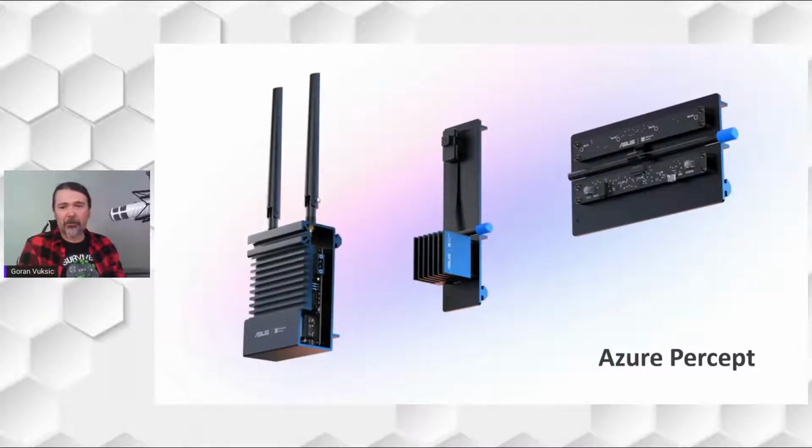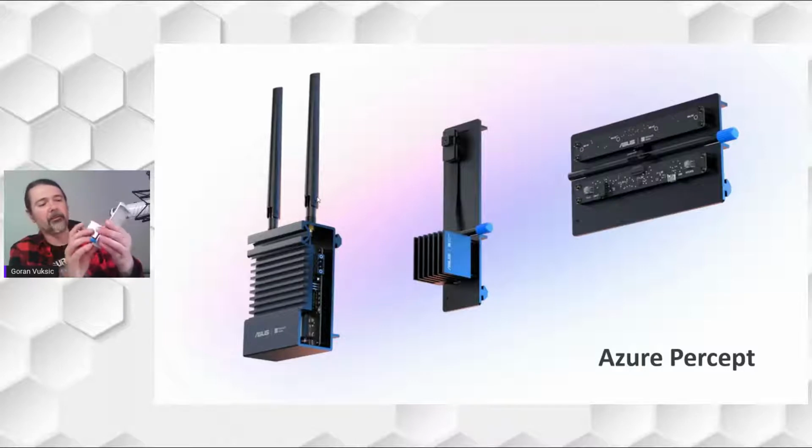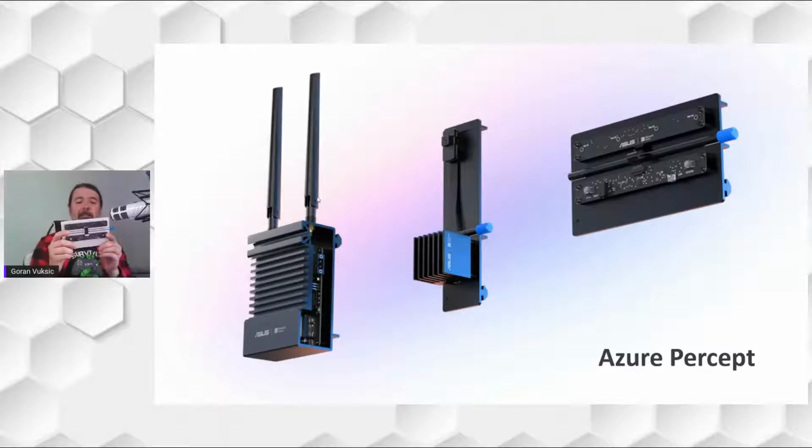Azure Percept is a really nice device that consists of three pieces. I think if you order it now, you get the first two in the package. It's an IoT edge device that has a camera, called Azure AI, and this is the ear, at least that's how it was initially called.